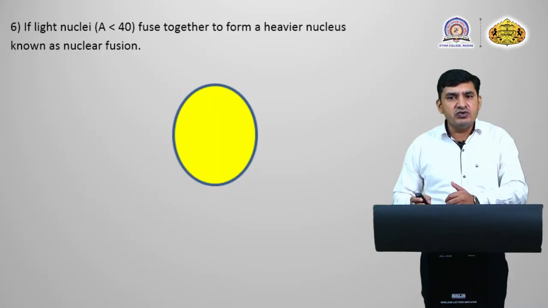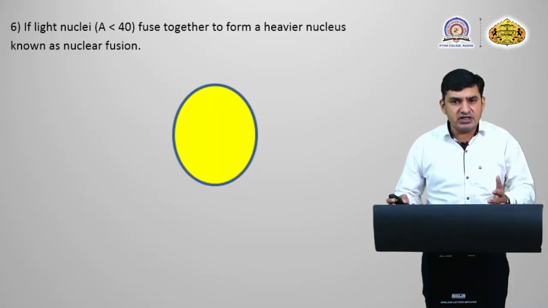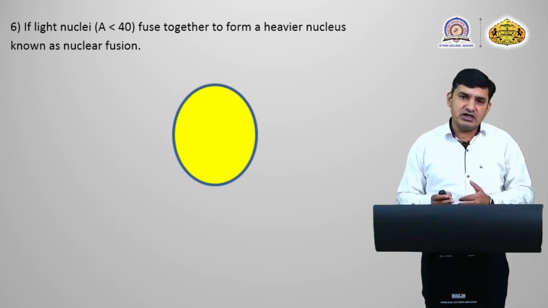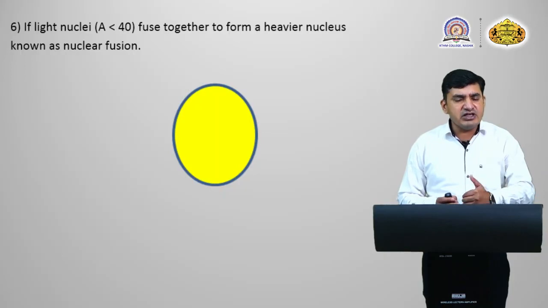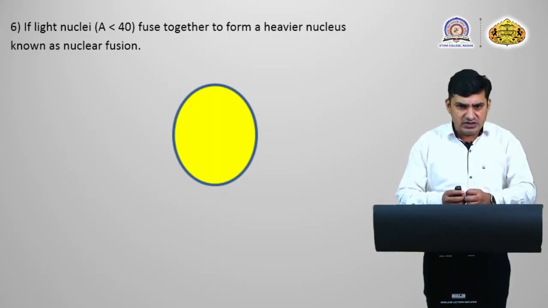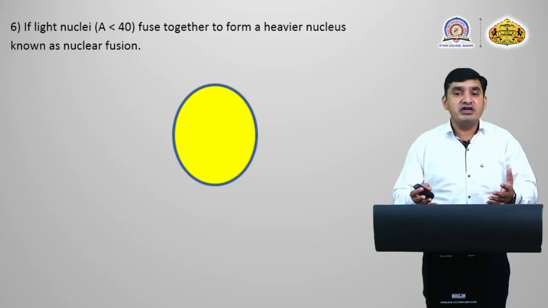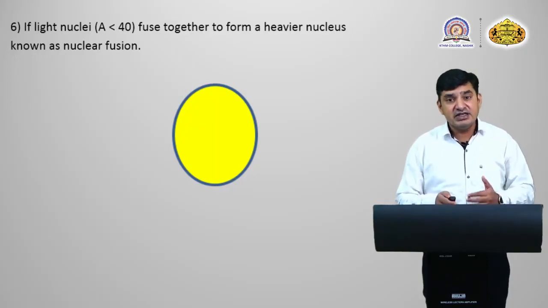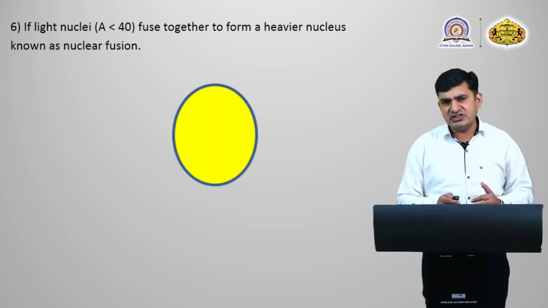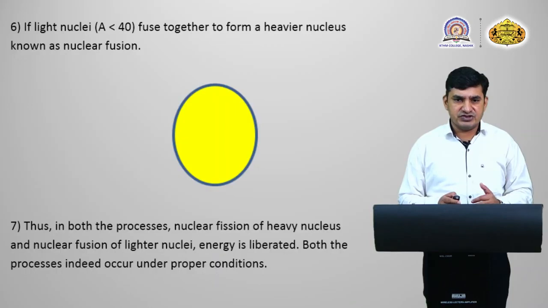When the heavier nucleus breaks into lighter nuclei and a large amount of energy is released, we get stable nuclei. Or in case of the lighter nuclei, when the lighter nuclei are fused together to form the heavier nuclei, then we again get a stable nucleus, and the process is nuclear fusion.